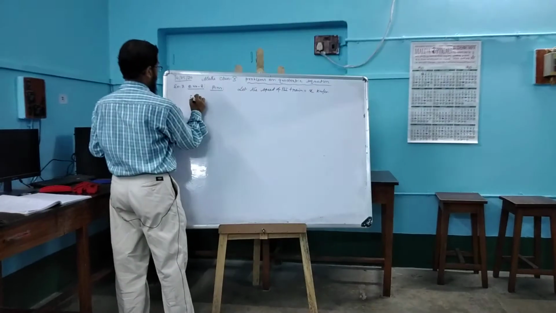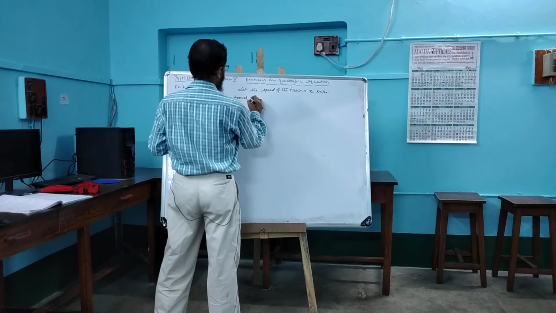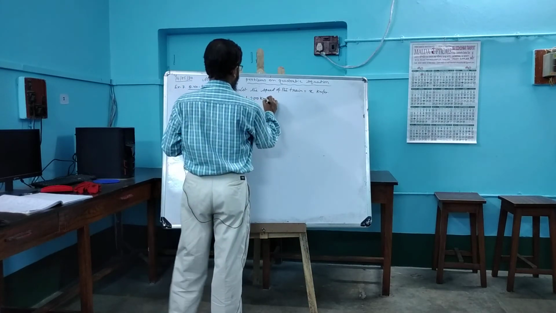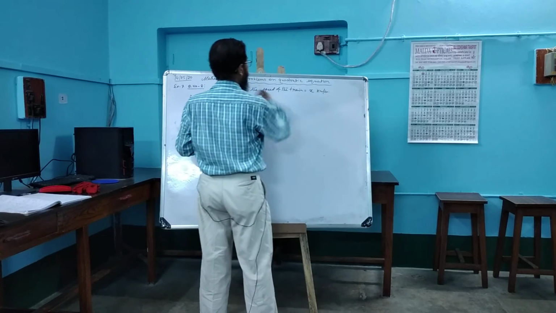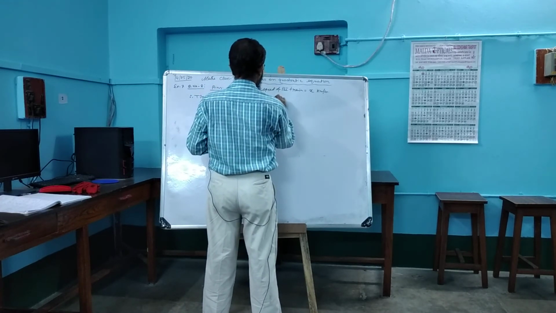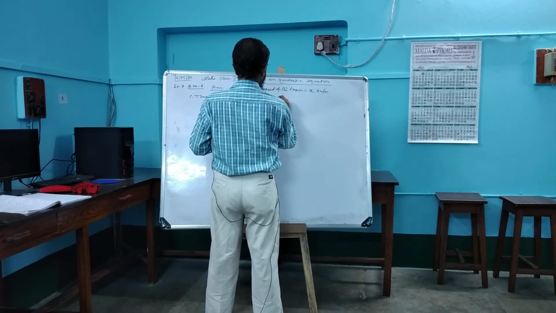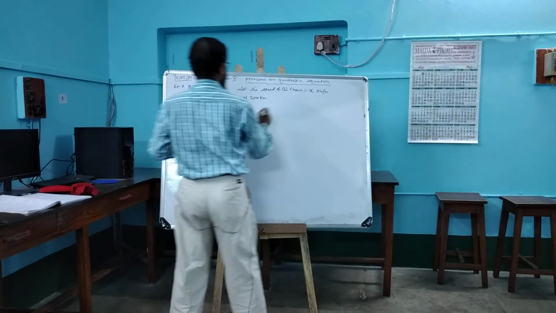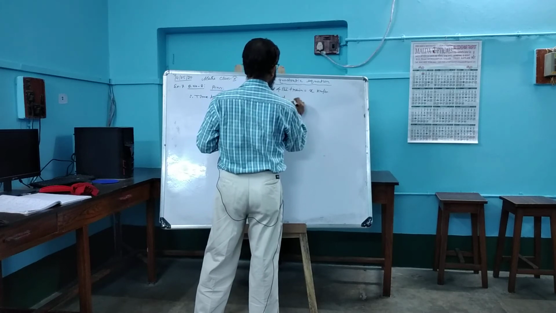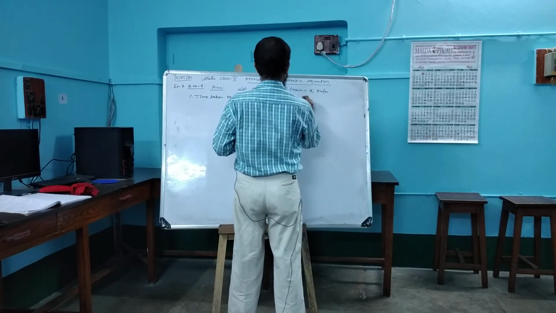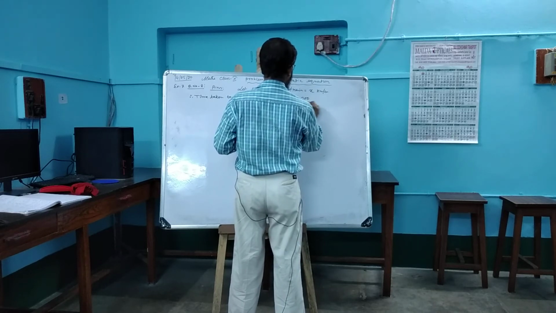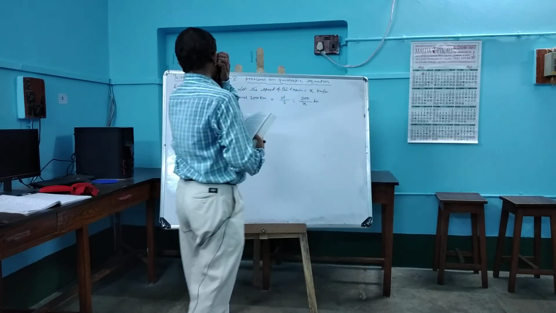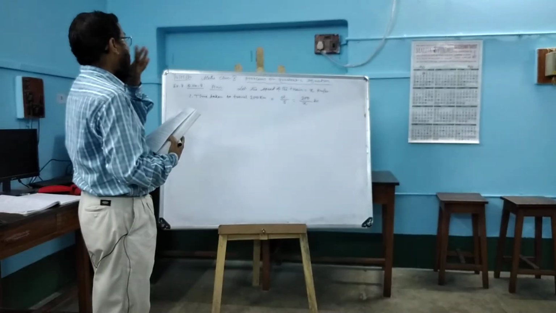Therefore, time taken to travel 200 kilometers at the speed x equal to distance by speed equal to 200 by x hours. This is the time taken to travel 200 kilometers.